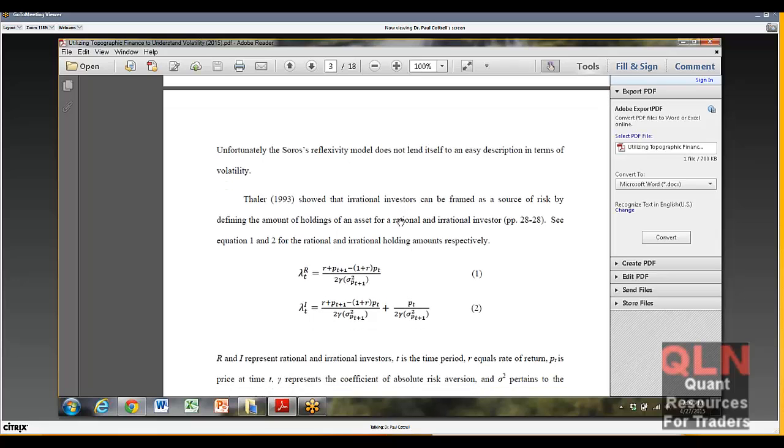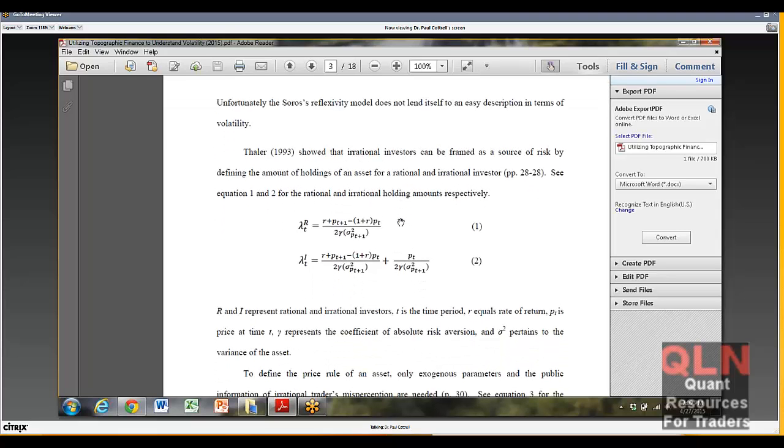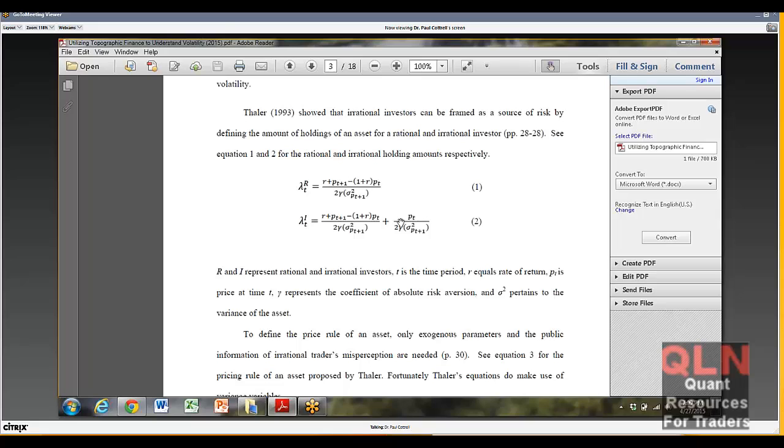Then we cite Thaler, who is known for behavioral finance. There's a lot of literature out there in behavioral finance on how to model rational traders and irrational traders and the dynamics between them. Here's a formula that defines the rational trader in Formula 1 and the irrational trader in Formula 2.